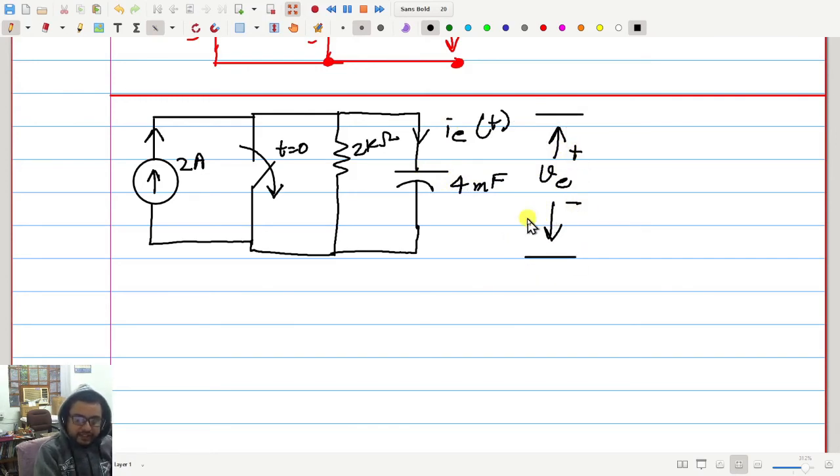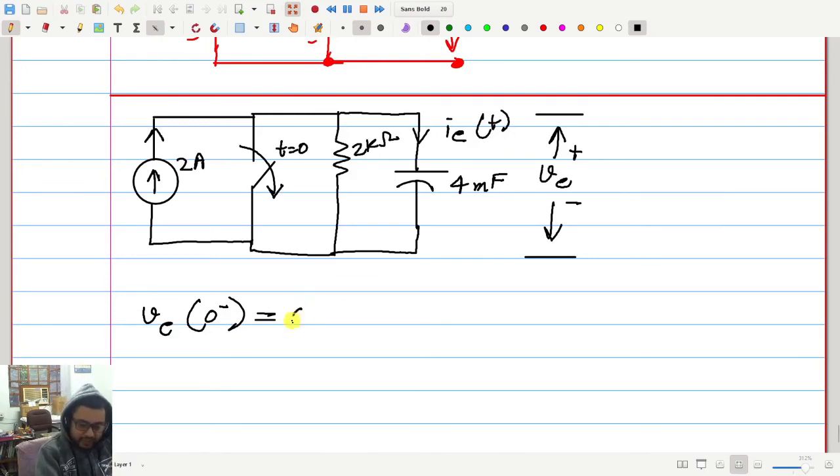Then first of all, before doing anything, what can we say about this voltage? What are the things that we surely know? For example, VC 0 minus is how much? 0.